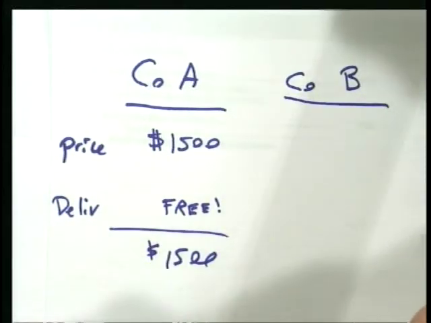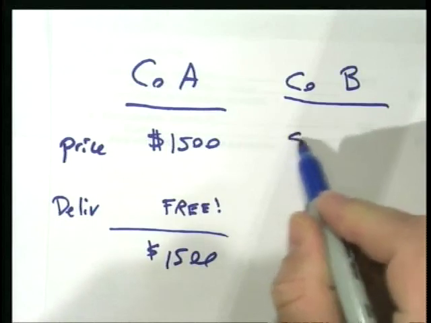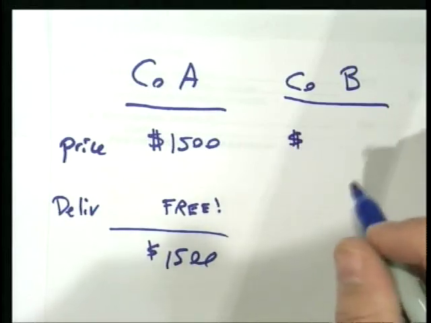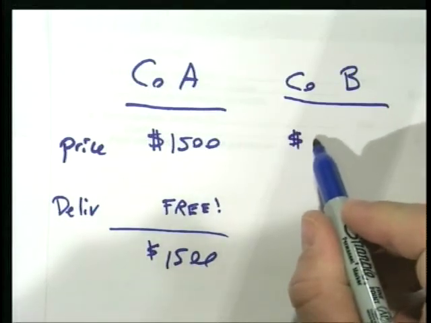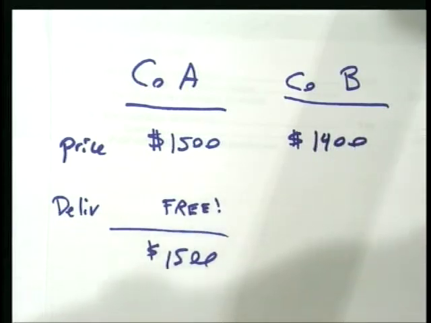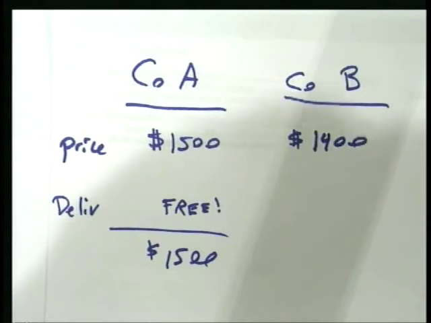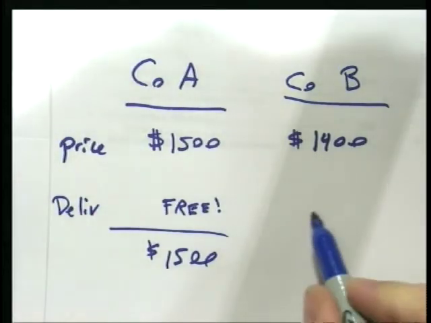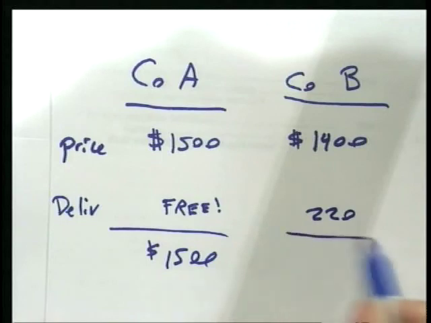Now, let's say that I have a chance to buy from Company B. And that same piano only has a cost of $1,400. The only problem with Company B is they're in St. Louis, and there's a delivery charge of $220.